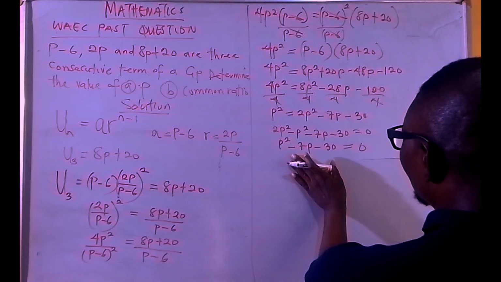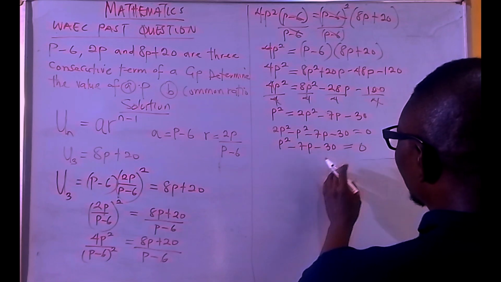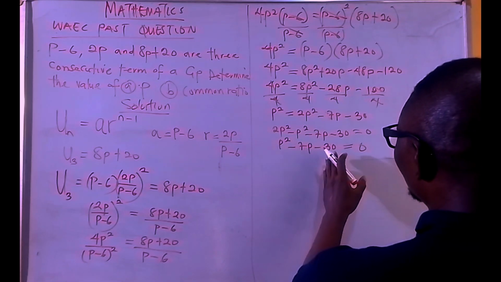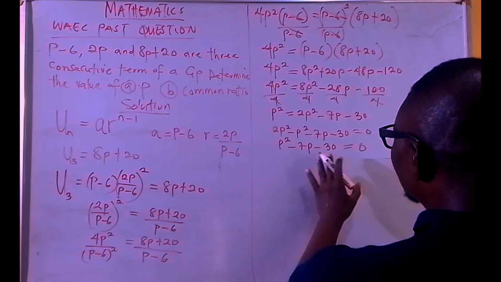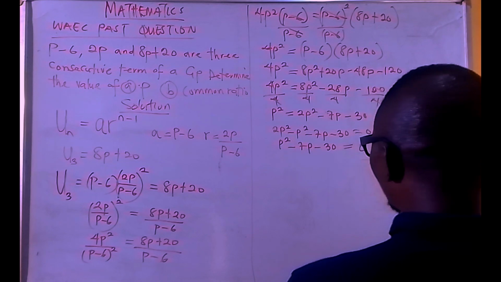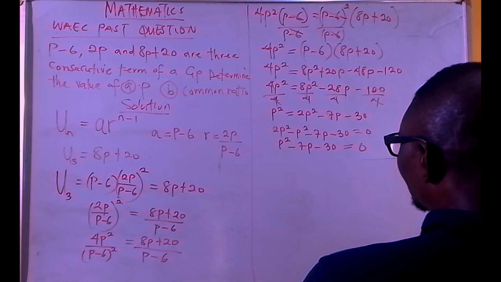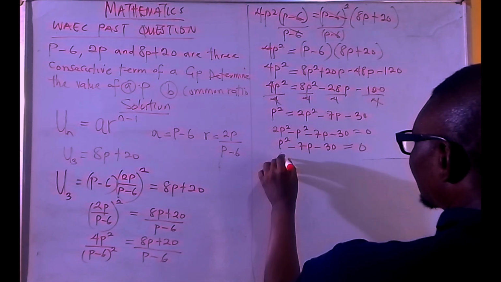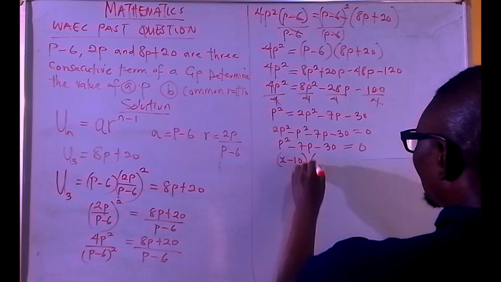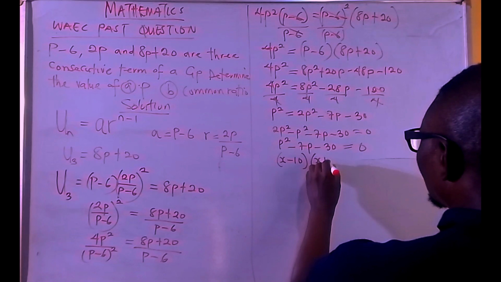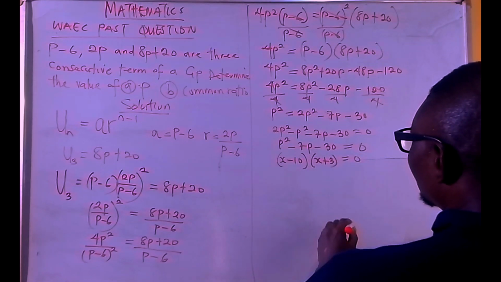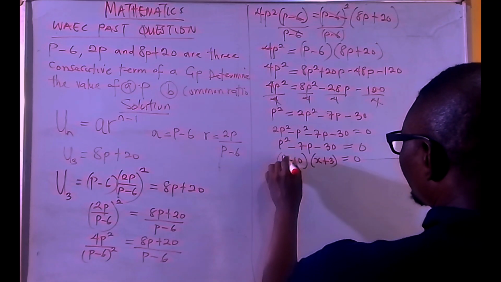What two numbers are you going to multiply such that when you multiply them, you will get minus 30, and when you add, you will get minus 7? So the two numbers are minus 10 and plus 3. So I can open my bracket here, P minus 10, and the other bracket, P plus 3, is equal to 0.